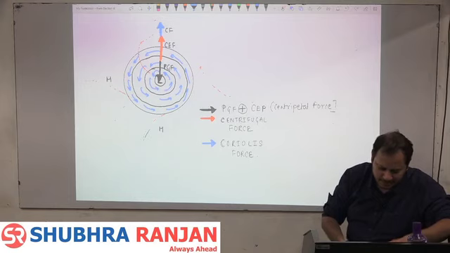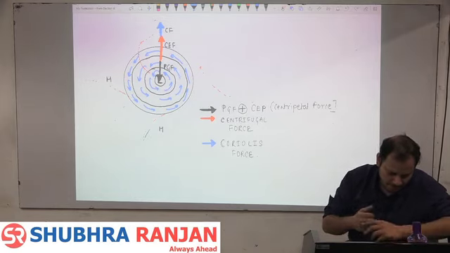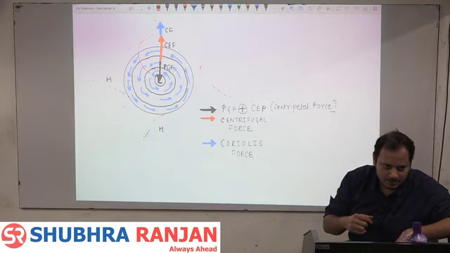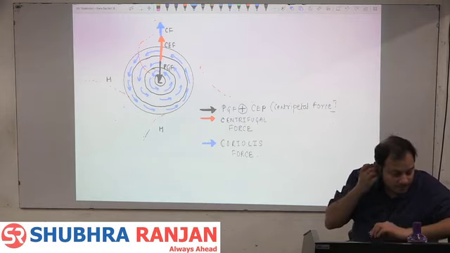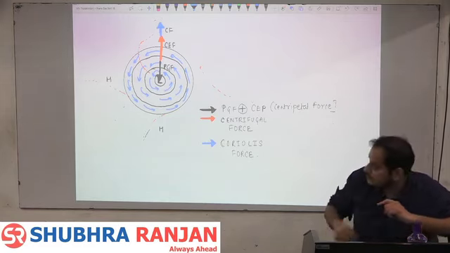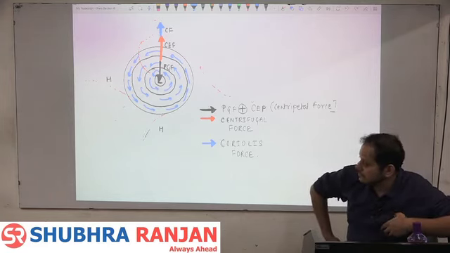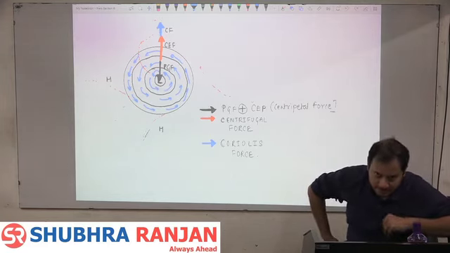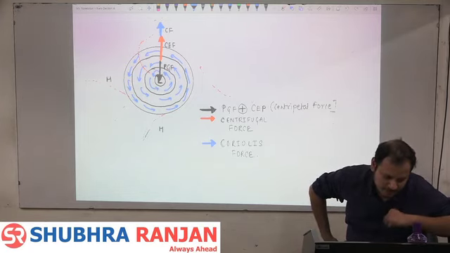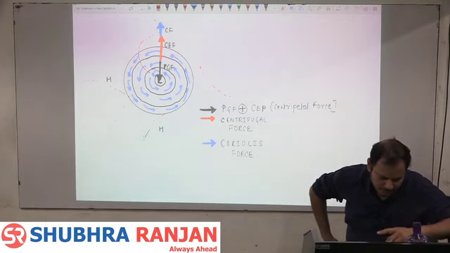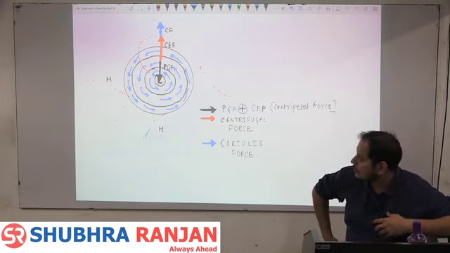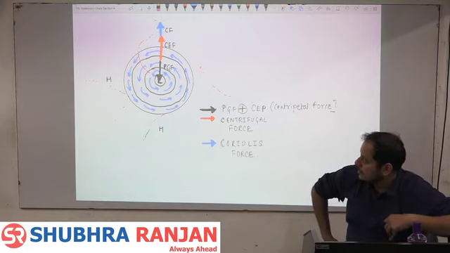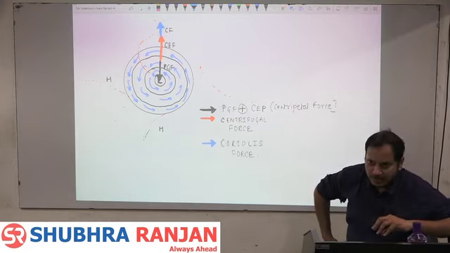And hence the net force that is being applied on the winds, theoretically net force कितना होना चाहिए?